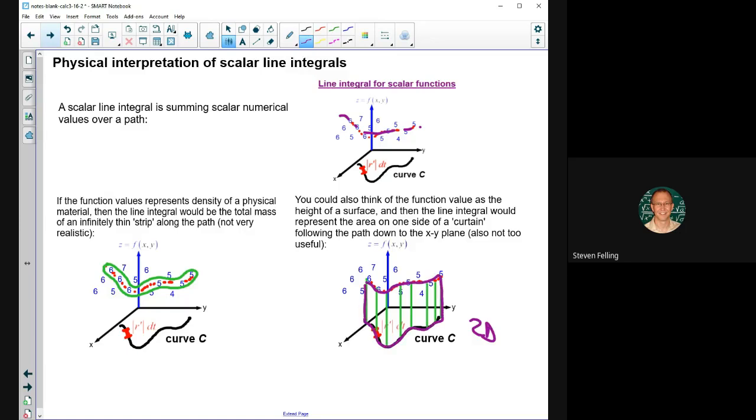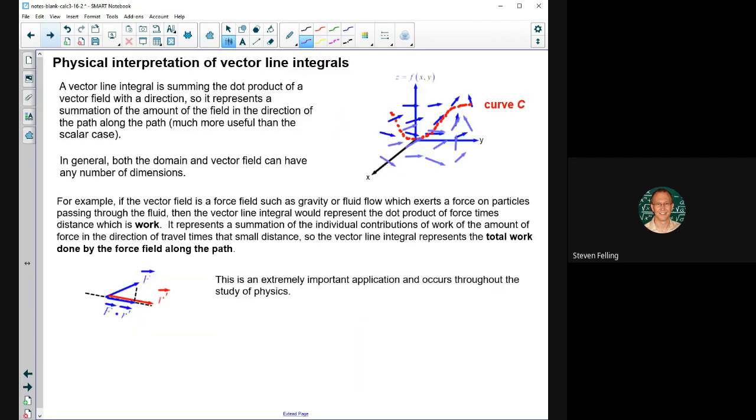So it would be this line integral, the integration of the integrand as a function of x, y, times r prime of t dt, right? So that scalar line integral could be interpreted as the surface area of a thin curtain that is moving along. An interesting interpretation.